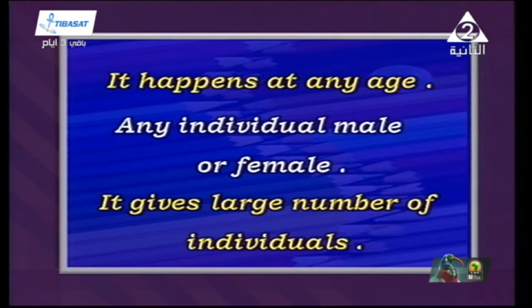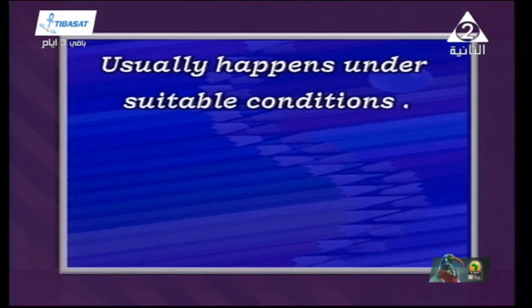On the other hand, this is contradictory to sexual reproduction. Sexual reproduction gives us a few individuals, while asexual reproduction gives us a large number of offspring. And what else? It usually happens under suitable conditions.